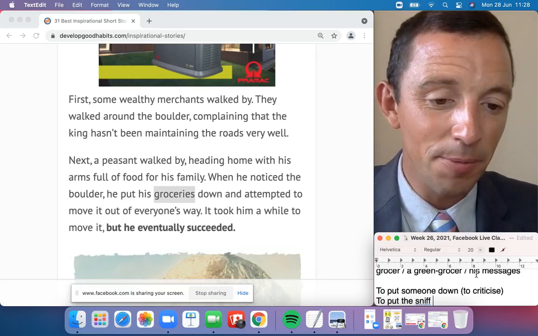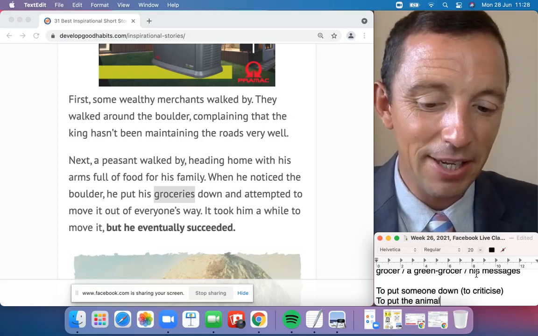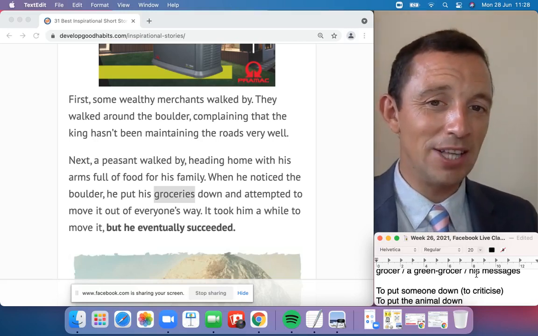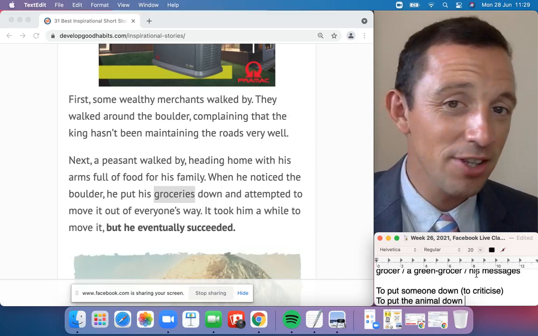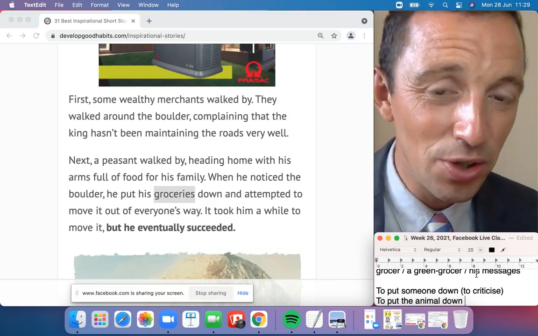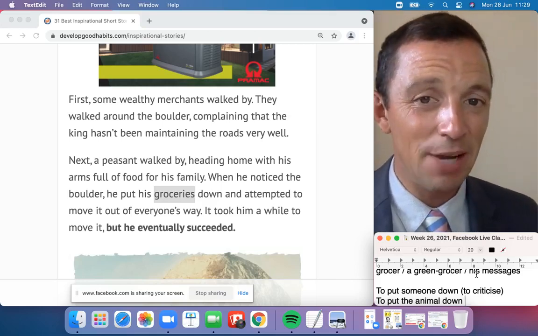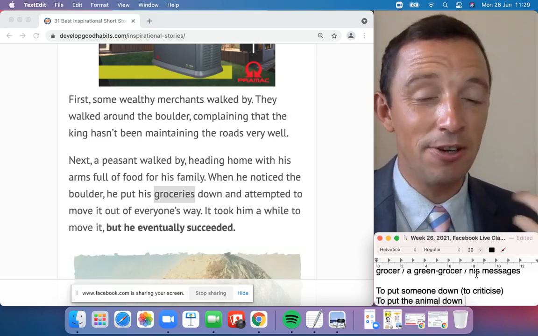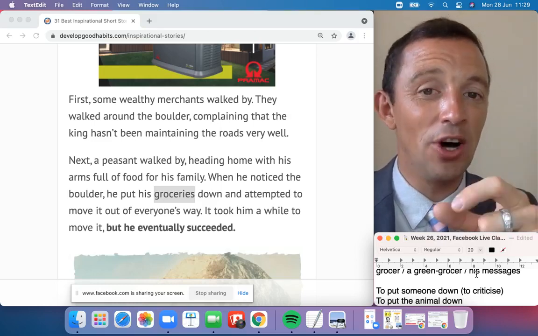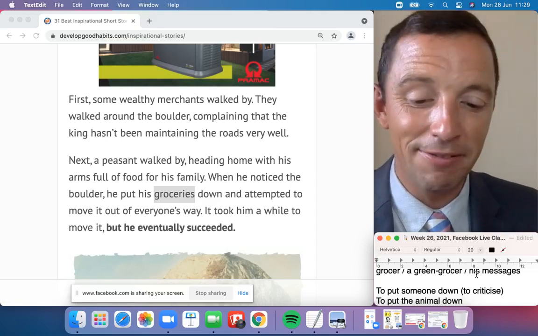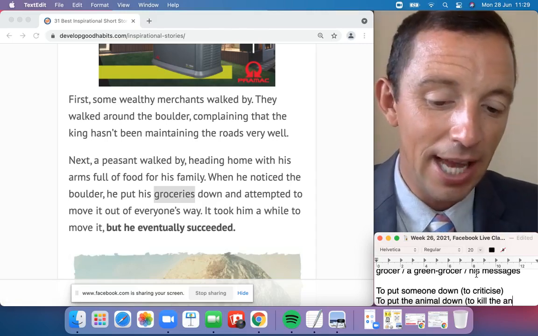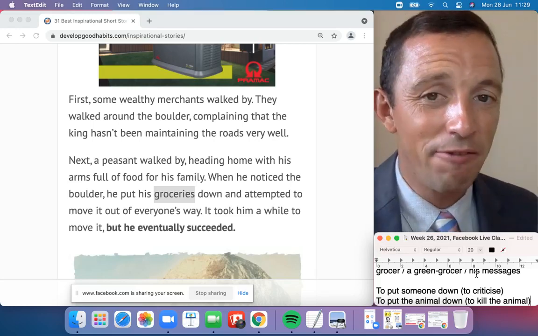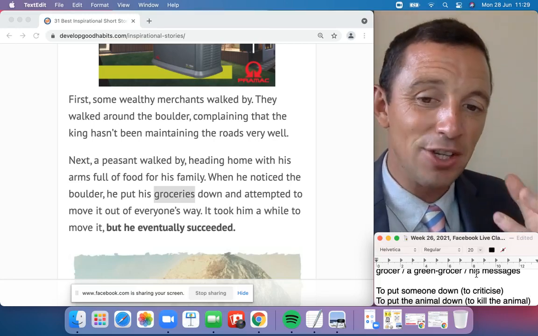Put the animal down has the significance to kill the animal when the animal is not sufficiently healthy to continue. You bring the animal to the veterinary, or the vet, and the vet will put the dog down or put the horse down, and the significance is maybe to kill the animal because they are very, very sick. But in this situation, it's more physical, so he puts the physical groceries down.